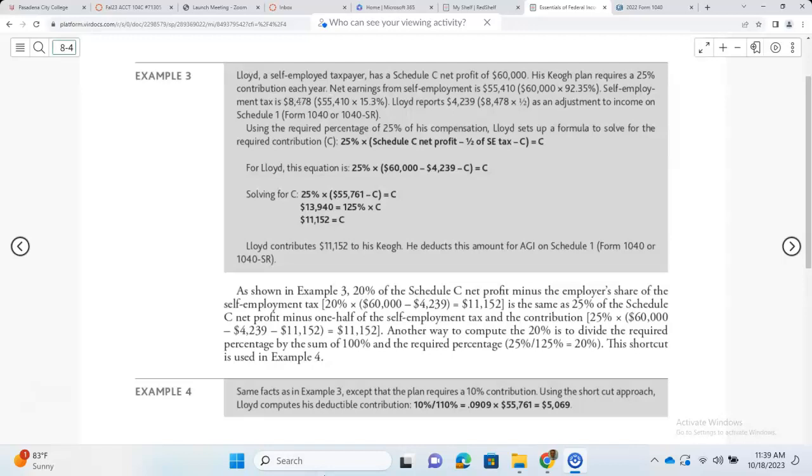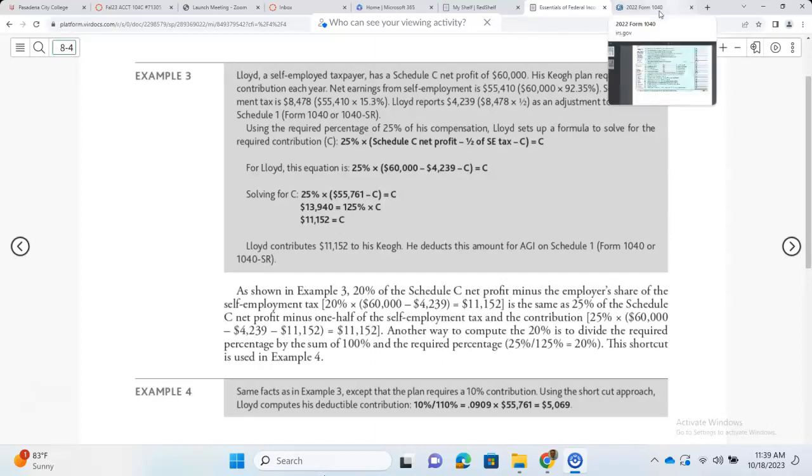So self-employment tax is 8,478. Lloyd reports $4,239 as an adjustment to income on Schedule 1, which goes to Form 1040.